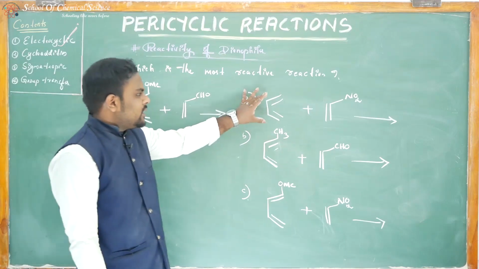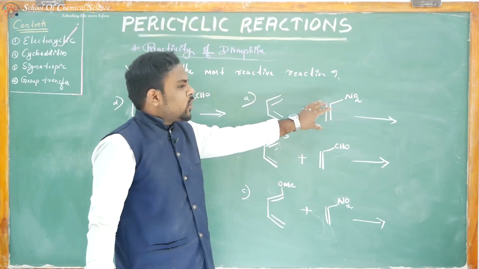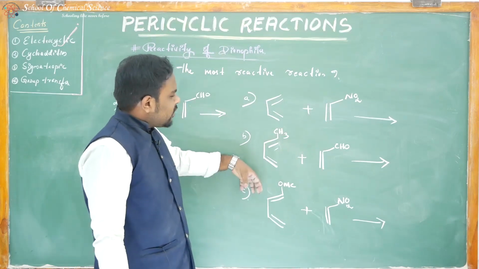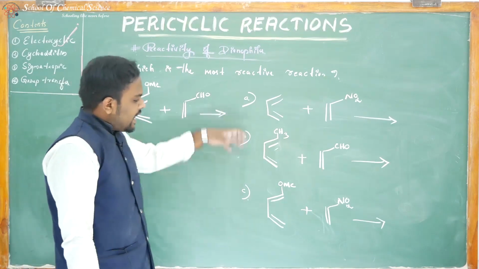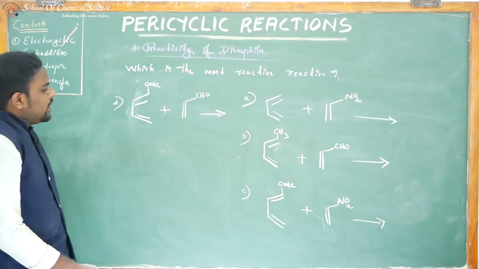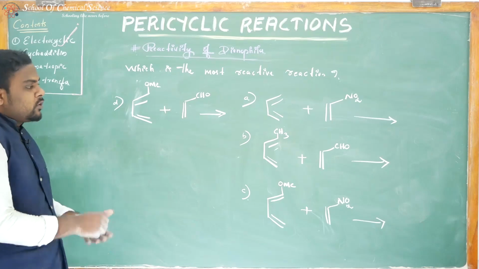Here this is simply a 1,3-butadiene. Here the dienophile contains a withdrawing group. Here the diene contains an electron donating group and the dienophile contains an electron withdrawing group. Here also, and here also.